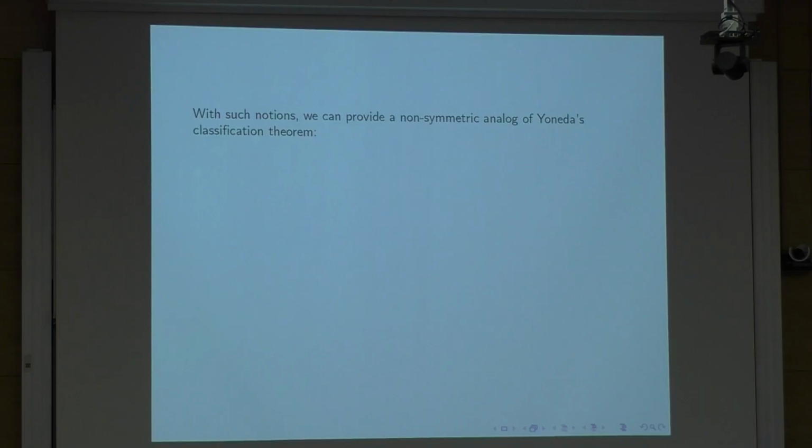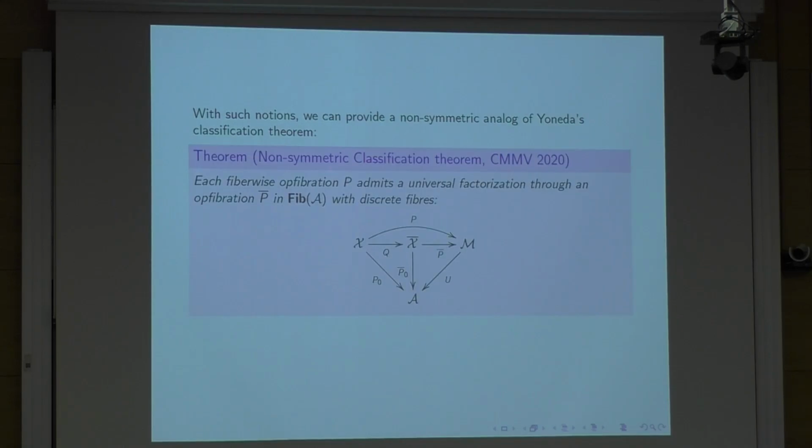Okay, in such a framework, we could provide a non-symmetric analog of Yoneda classification theory. Each fiber-wise opfibration P can be factorized in a universal way through an internal opfibration in Fib of A with discrete fibers.